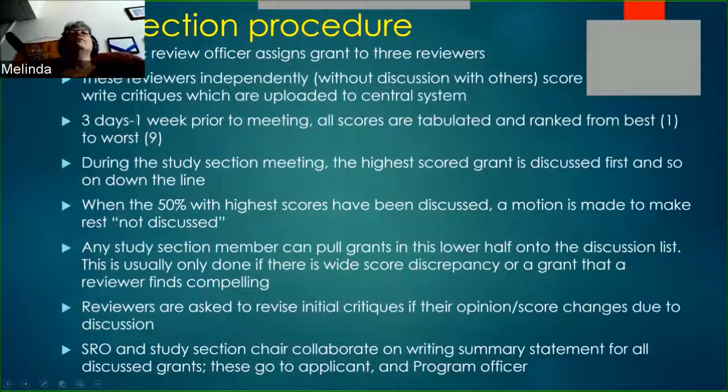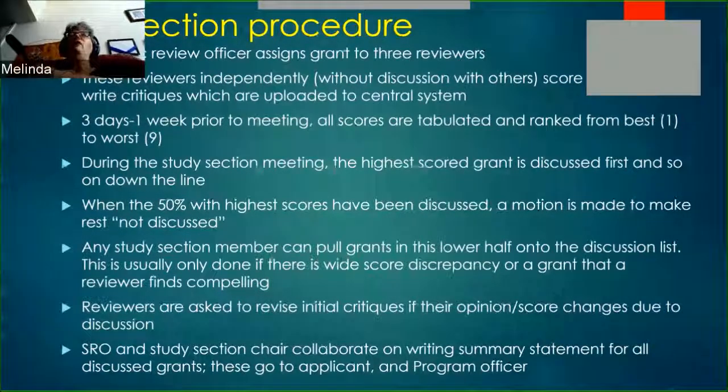Now, so you have an idea of how the study section handles your grant, most standing study sections usually run a meeting with between 20 and 30 reviewers at the study section meeting. So that's the pool of reviewers.